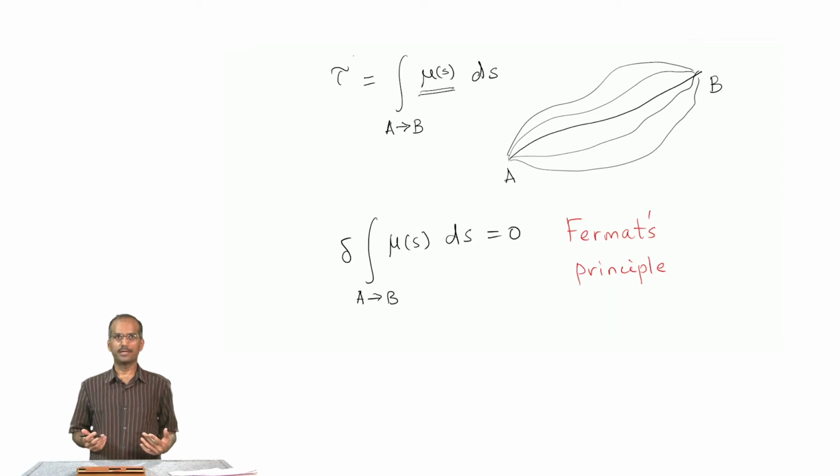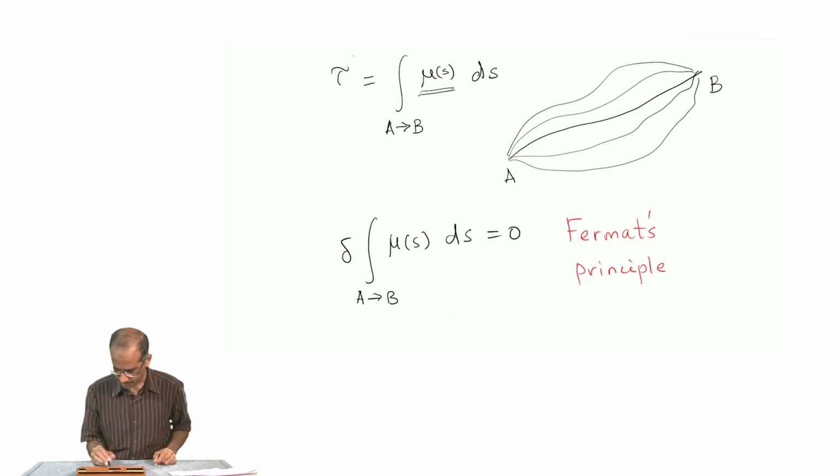Very loosely speaking, it is equivalent to saying that the time taken to go from A to B is the least. This quantity mu times ds is called the optical path length.